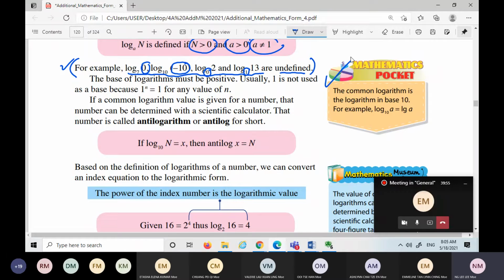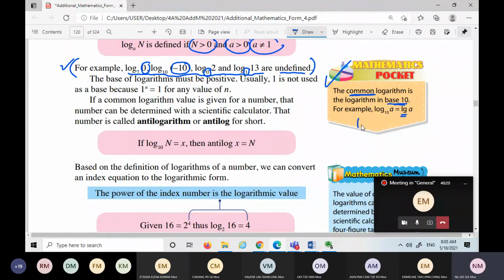The common logarithm is the logarithm in base 10. When you say common logarithm, it is understood to be base 10. For example, log base 10 of a you can write as lg a. This is the short form of log 10. Other bases you cannot write in lg.